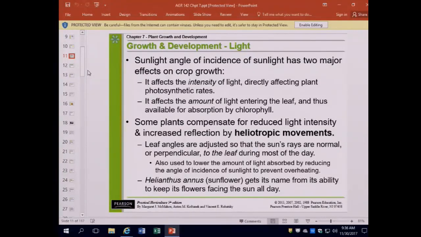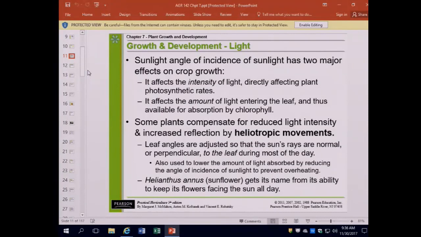I know there was a farm just up north of where we are at Patrick Henry that had about a 35-acre field of sunflowers.